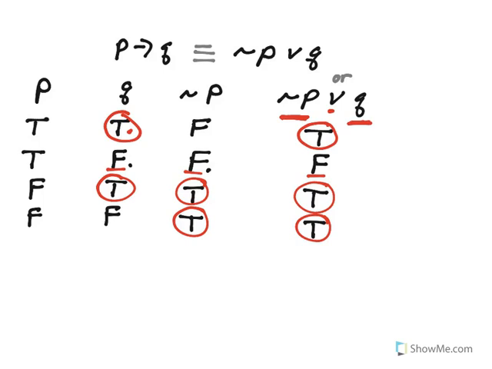There is one more I want to show you that you're going to see quite often. This is called biconditional, and that's if and only if. Biconditional is easy to remember, and that's noted as if and only if.